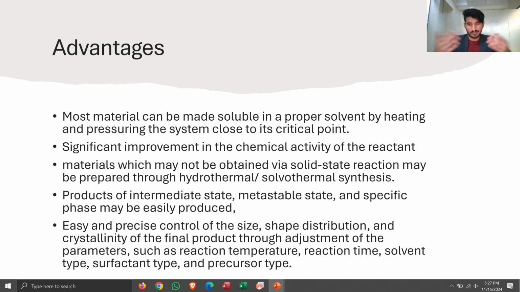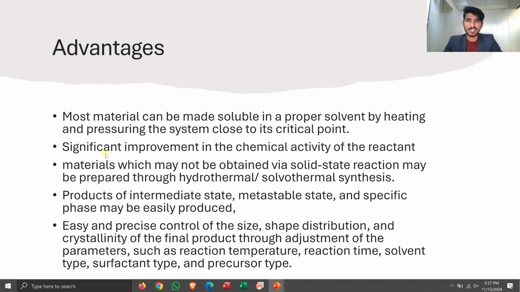But many materials can't be formed by solid state reactions, so for that we need a solvent, and by adding these chemicals in the solvent and placing them in the autoclave and then performing the reaction at the required temperature and time, you can form the nanoparticles of those substances that cannot be formed by the solid state reaction.